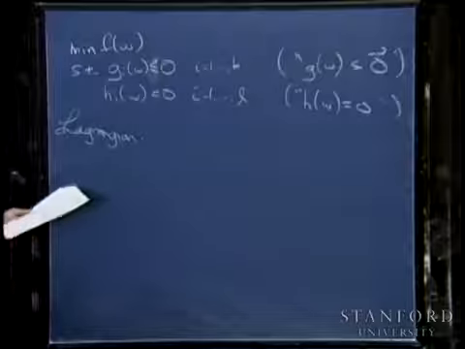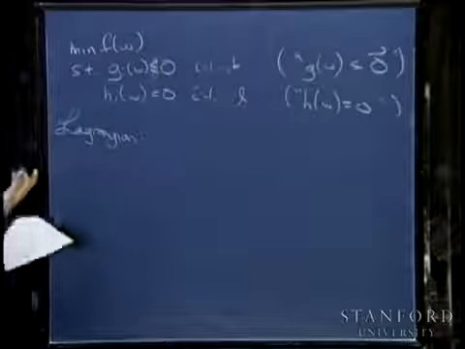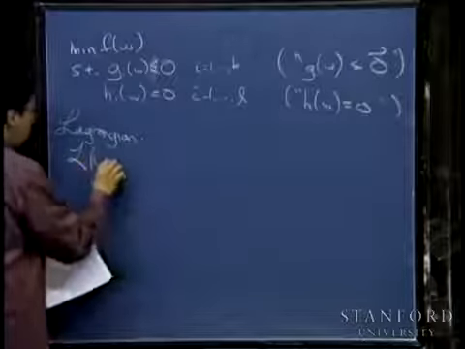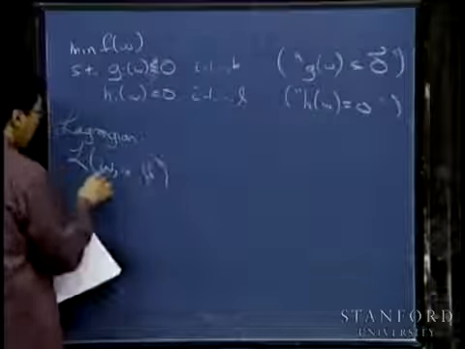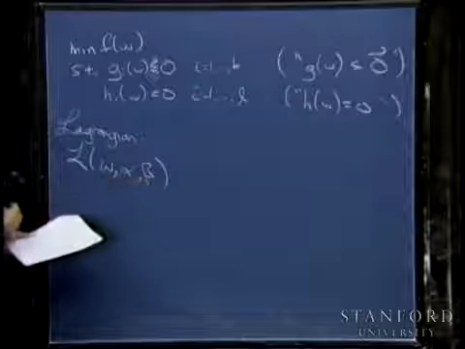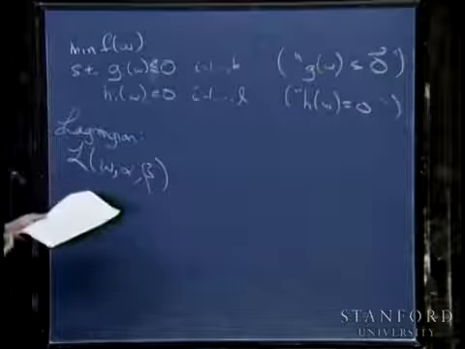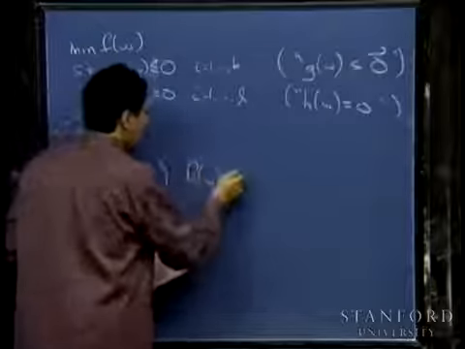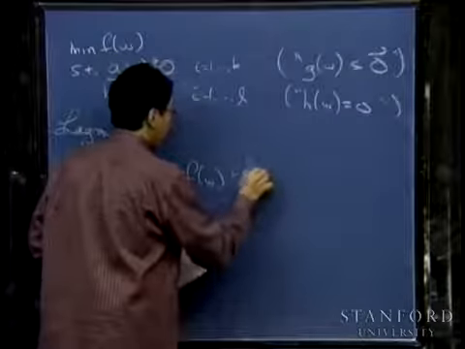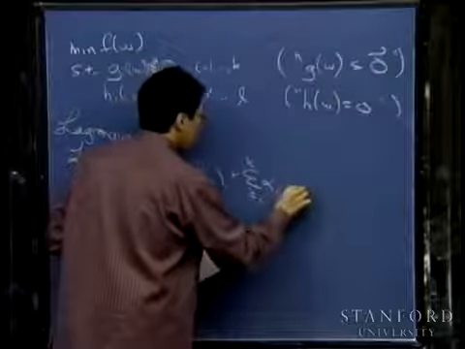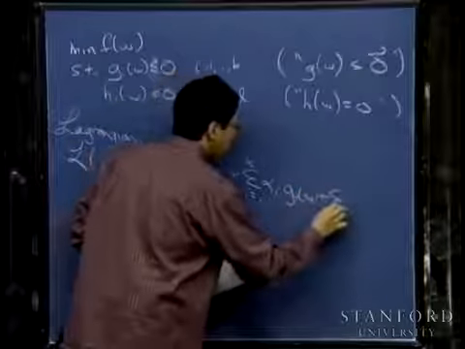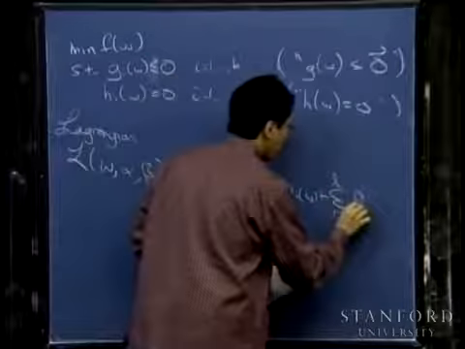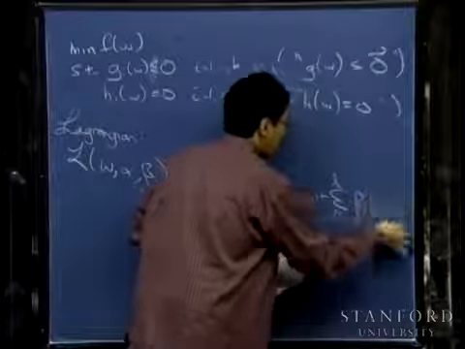I then have a Lagrangian, sometimes called a generalized Lagrangian, which is now a function of my original optimization parameters w, as well as two sets of Lagrange multipliers alpha and beta. And so this will be f of w plus... Okay.